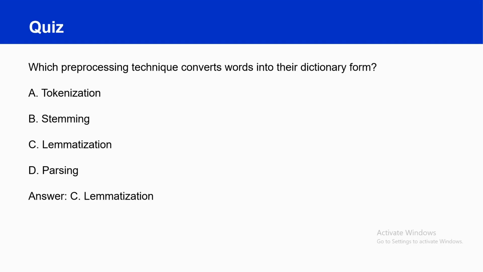And the next quiz is, which pre-processing technique converts words into their dictionary form? So the answer is lemmatization. Already we know that stemming will not produce valid words. Only lemmatization will convert the words using the dictionary and give you the exact dictionary word.